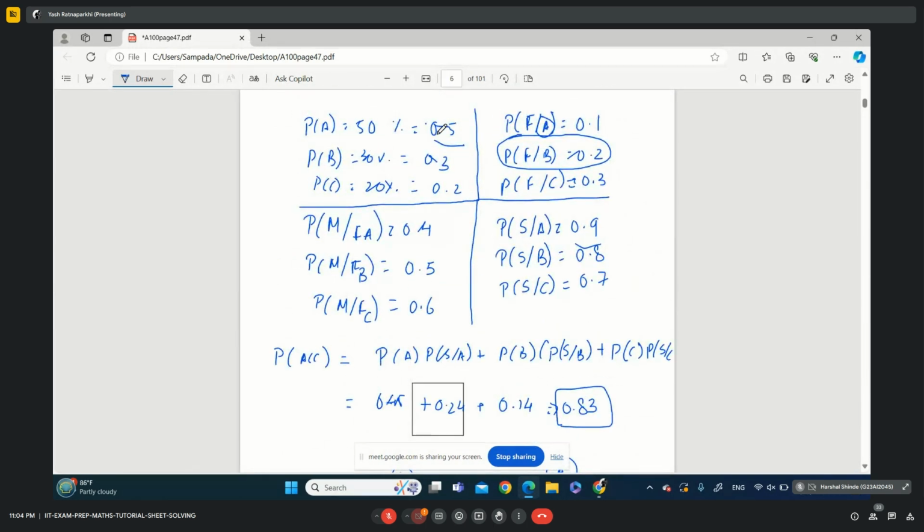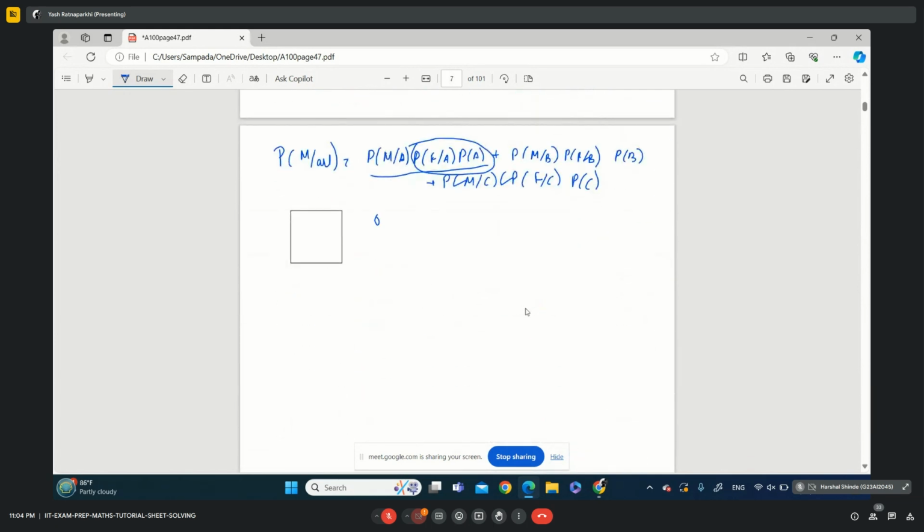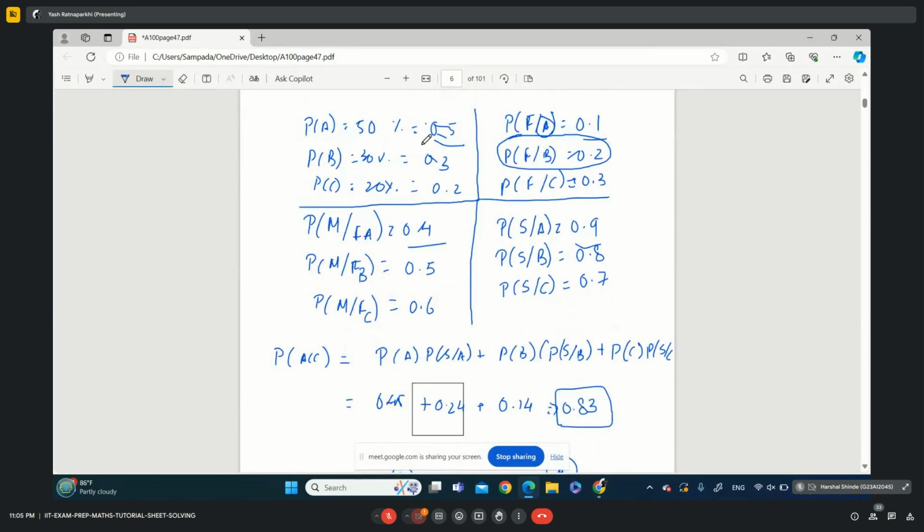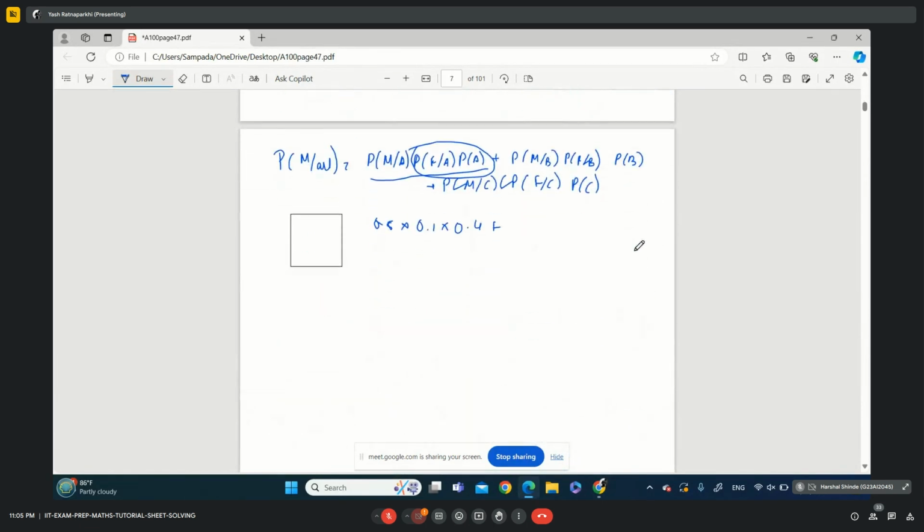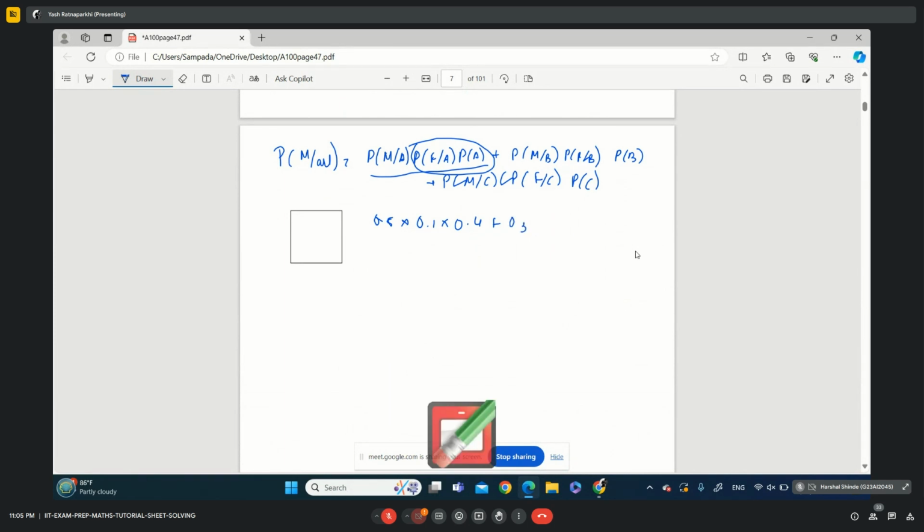So what I'll put: 0.5 into 0.1 into 0.4, plus, can you tell me what we'll be getting? 0.3, 0.5 and 0.2. So 0.3 into 0.5 into 0.2.